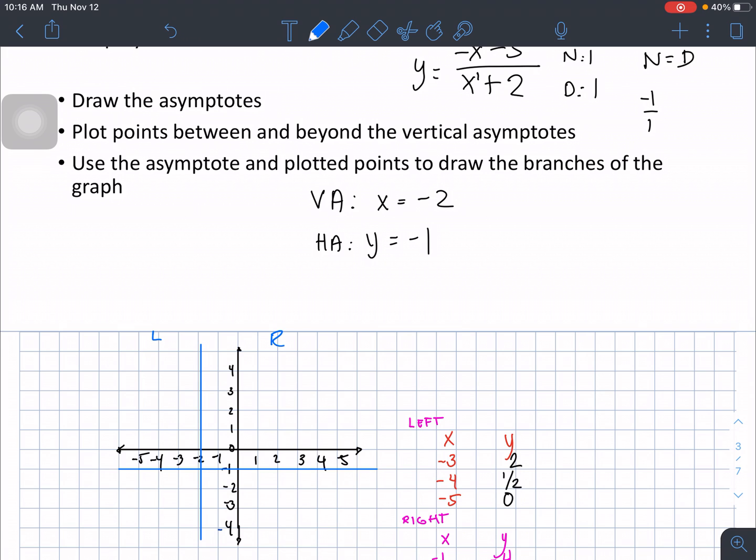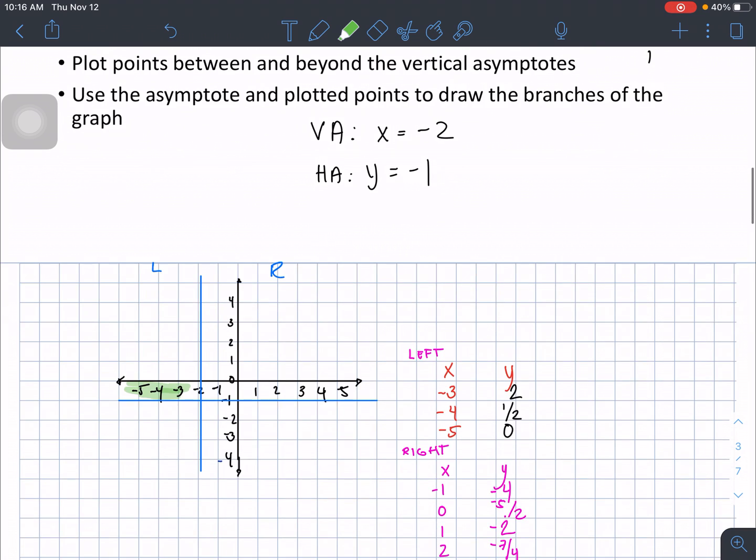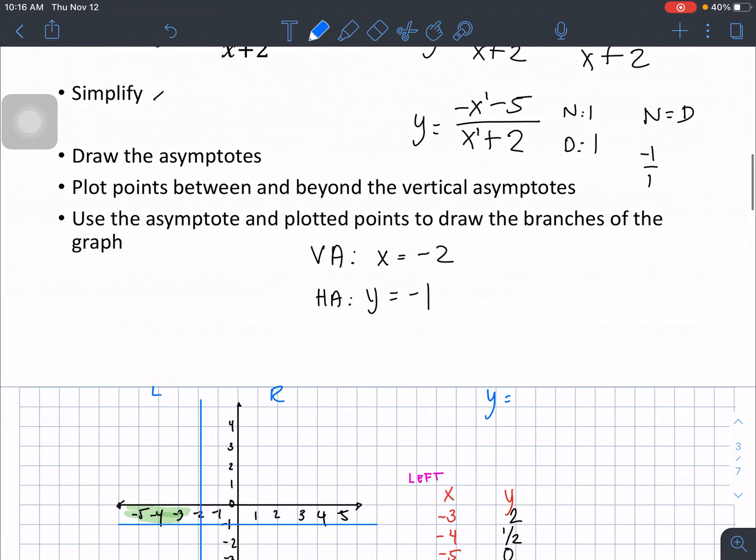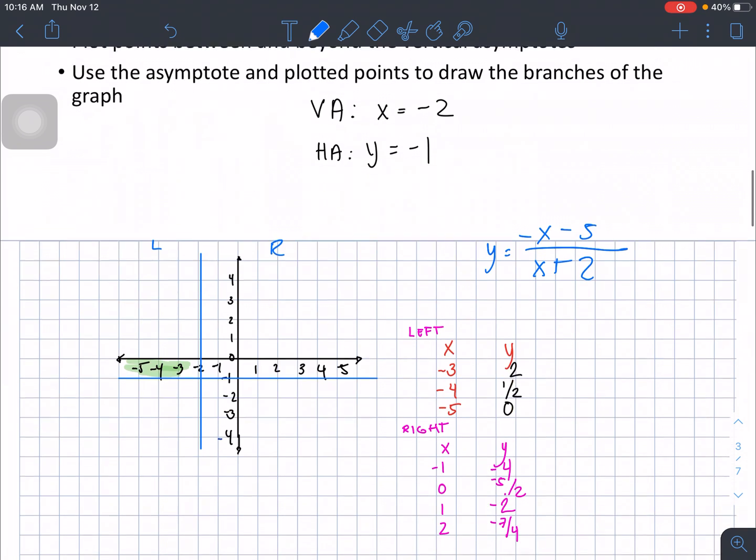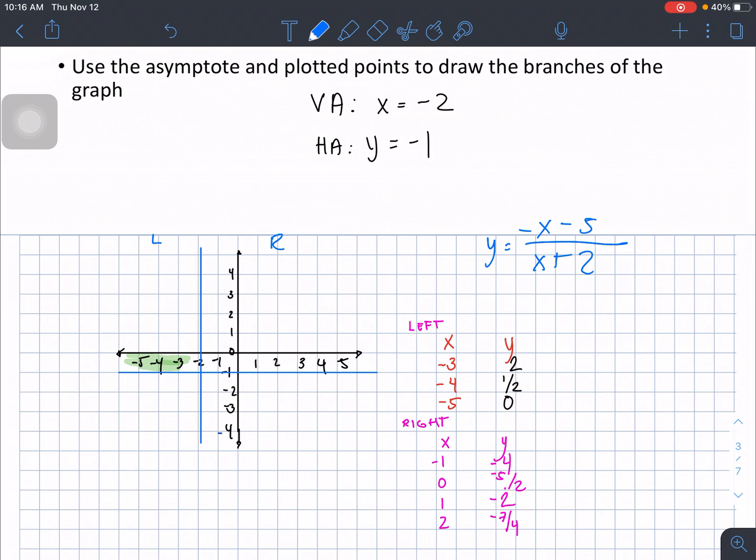Let's have the values of the domain at the left side: negative 3, negative 4, and negative 5. We just need to substitute them into the simplest form of the rational function, negative x minus 5 over x plus 2. Substituting these values will give you 2, 1/2, and 0 respectively.